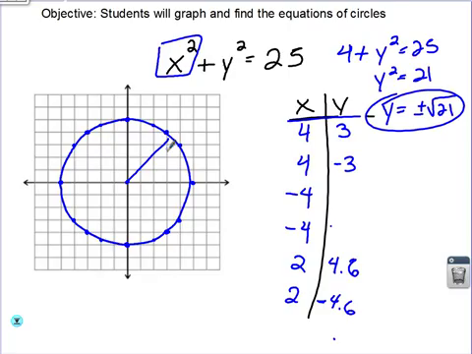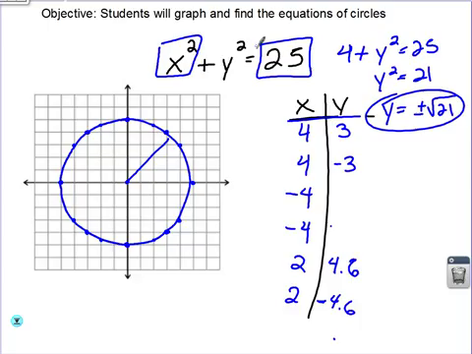Remember radius? The radius is the distance from the center to the outside of the circle. What's the radius of this circle? 5. Is there a relationship between this number and 5? It's squared, isn't it? 5 times 5 gives you 25.